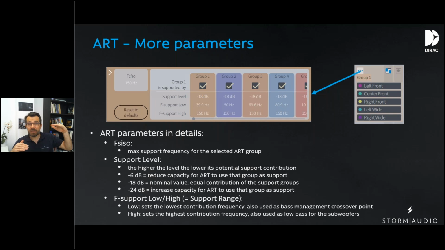So this translates into: the lower the support level you adjust, the higher the energy you put into the subwoofer as a support to a certain subwoofer or speakers, right? So that's the one thing you need to keep in mind, that the adjustment is kind of different from what you would think of. So the lower the level, the higher the support, or the higher the contribution. Those are the new parameters that you will be using.